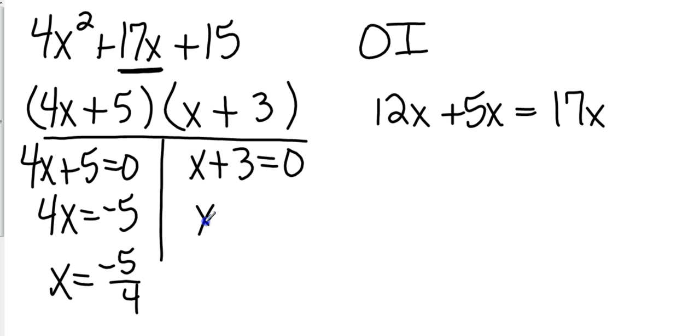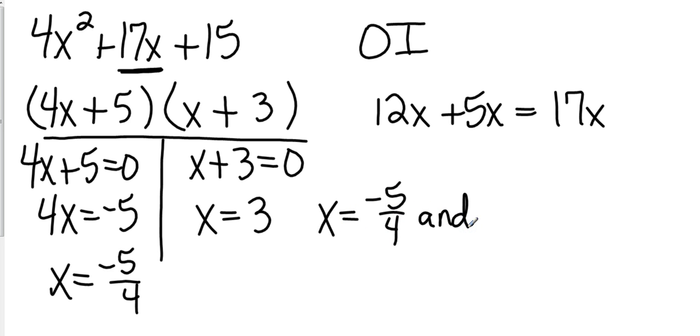Subtract 3 from both sides. Oh, that's a negative 3, excuse me. So x would equal negative 5/4 and negative 3.